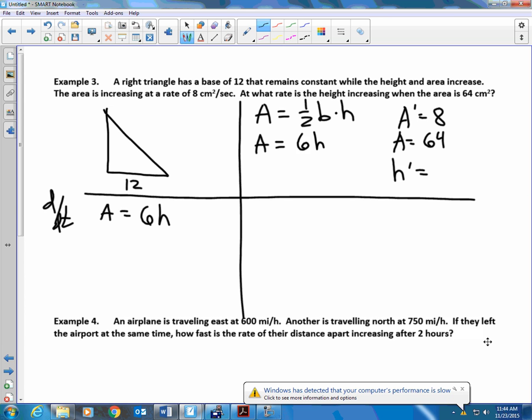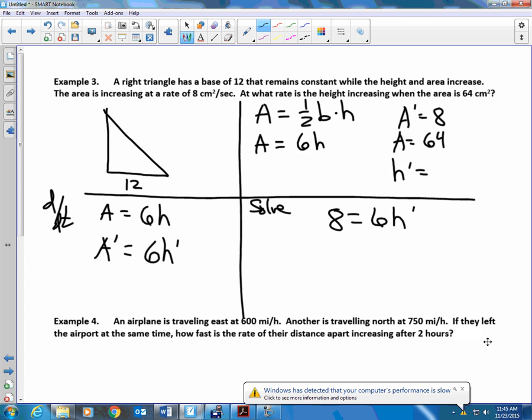What's the derivative of A? What's the derivative of 6h? So now I solve, and A prime is 8 equals 6h prime.